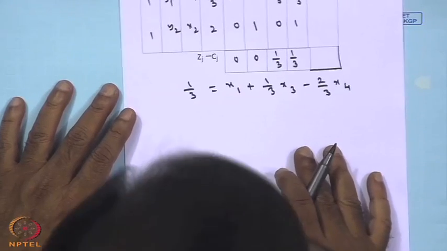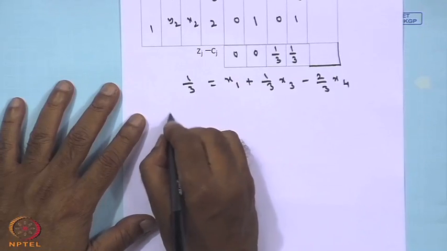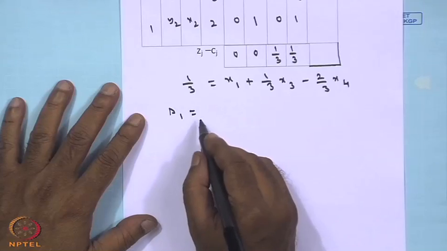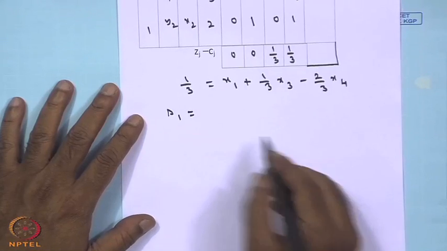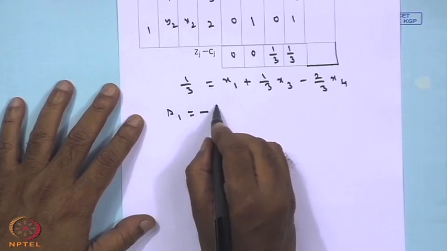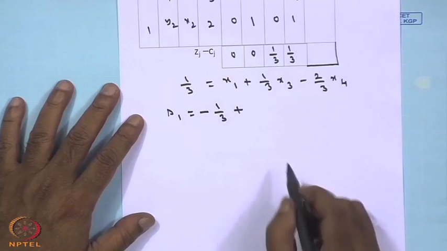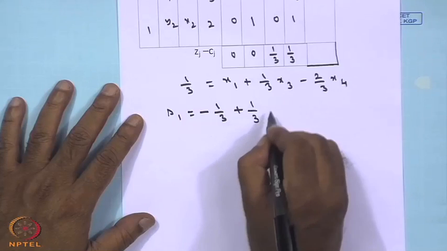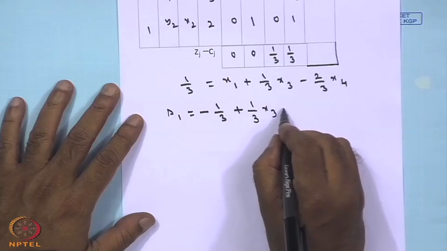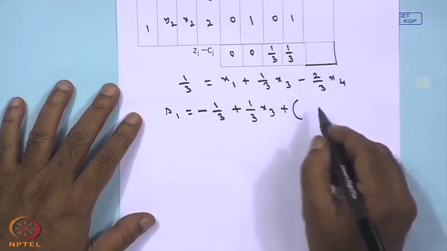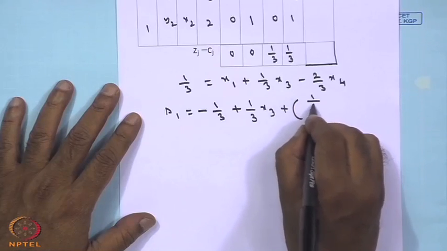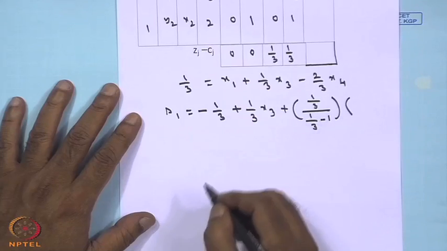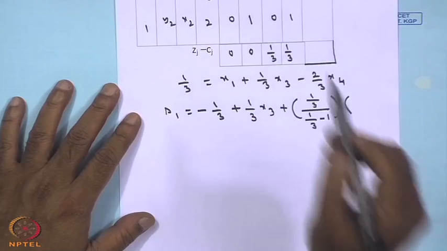So, what will be using the Gomorian cut, again I am writing directly, S1 will be equal to minus f10, that is minus 1 third will come over here, minus f10, f10 is 1 third, plus f13 x3, f13 x3 is 1 third into x3, minus plus your f10 by f10 minus 1, that is 1 third by 1 third minus 1, into your minus 2 third, that is the coefficient of this one.